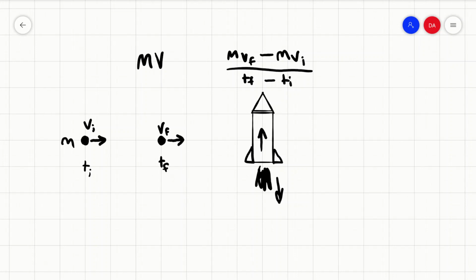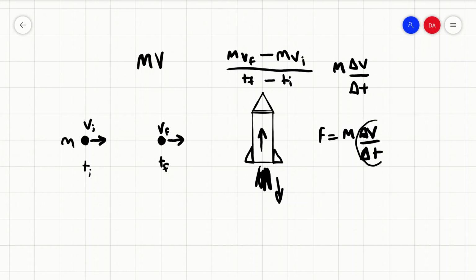So if m's not changing, this becomes m times delta v over delta t. So the force produced by the engine is m times delta v over delta t.